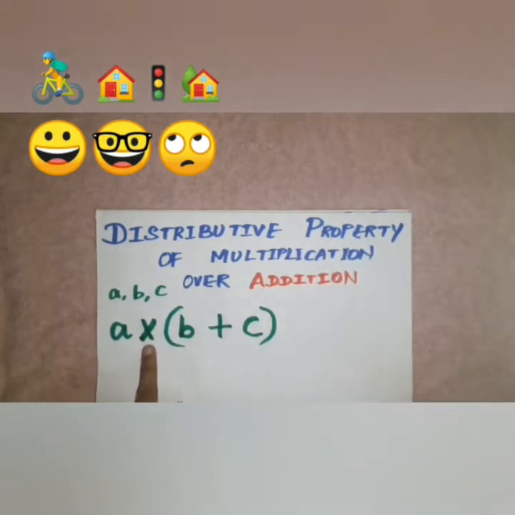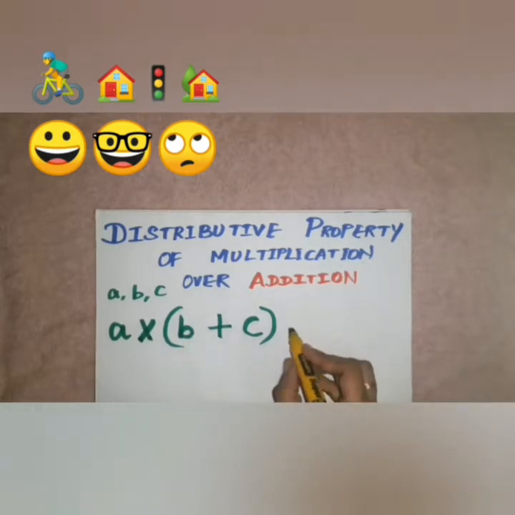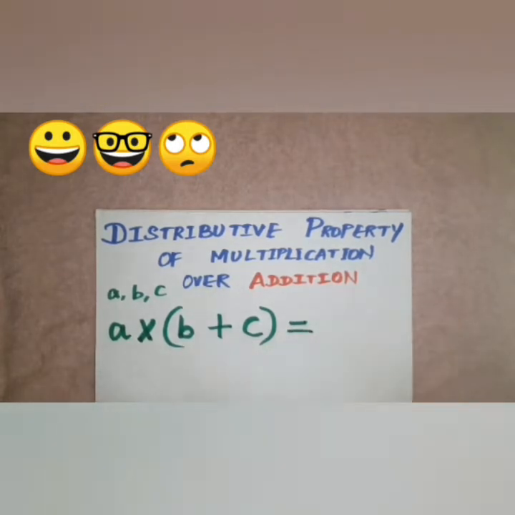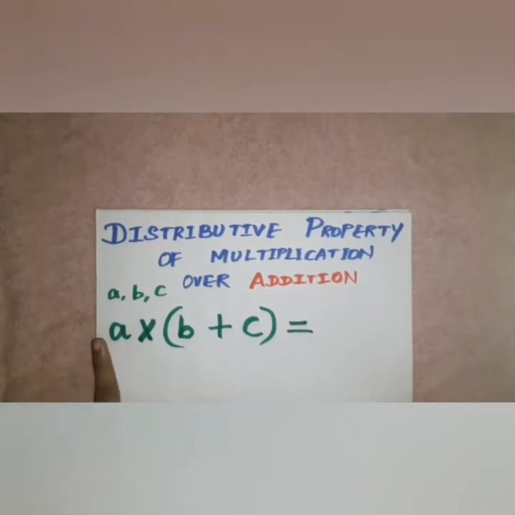The distributive property of multiplication over addition. The into symbol is the bicycle, the plus symbol is the signal.